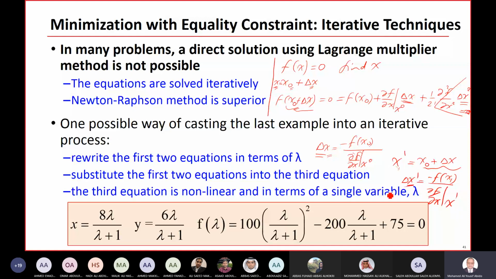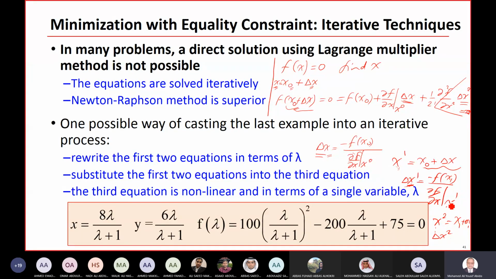This difference will be added to x1 to get a closer solution, which is x2, equal to x1 plus delta x1. Then next is to get delta x2, equal to minus f calculated at x2 over the derivative calculated at the most recent solution that we get, x2.